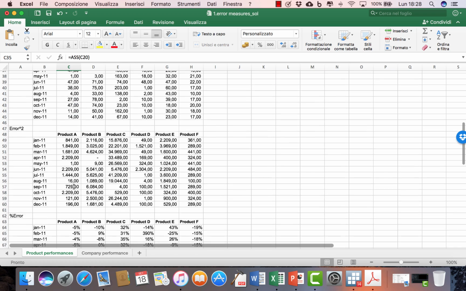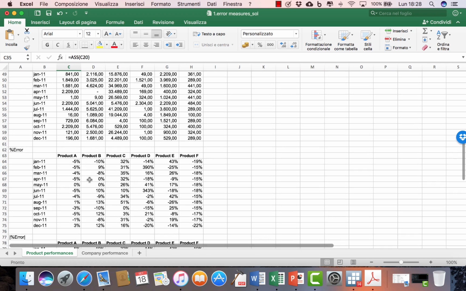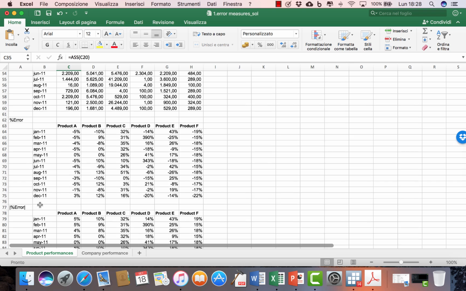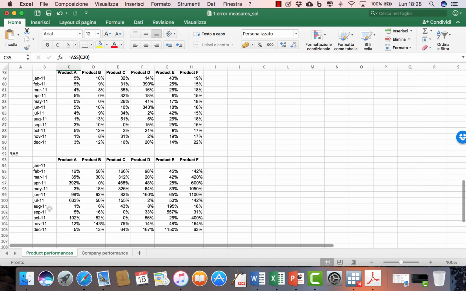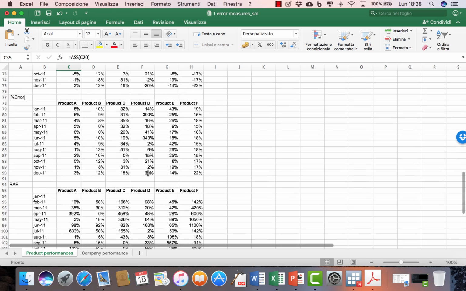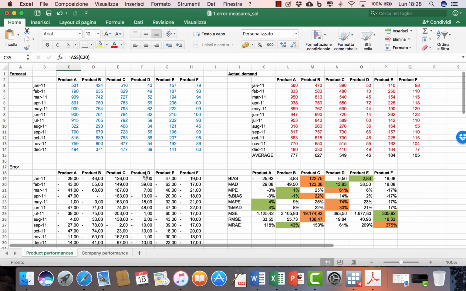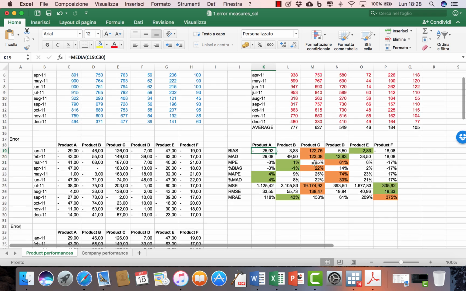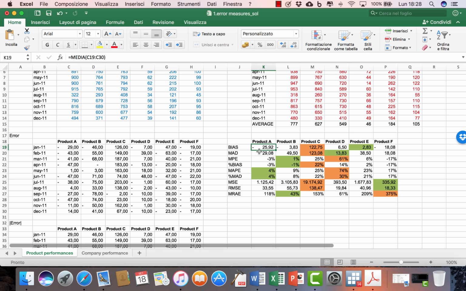So error square, percentage error, absolute value of percentage error, the difference with the naive forecasting, and so on. Then it's just a matter of calculating these indicators, averaging the values that you have here. So then I will upload the Excel file, but basically it's just a matter of applying formulas.